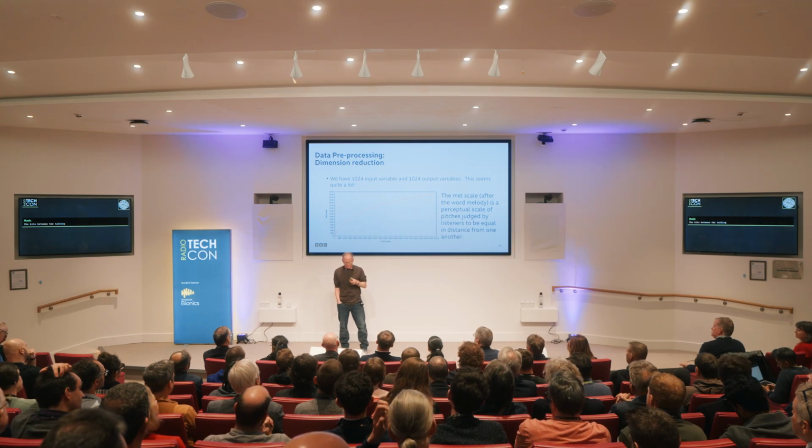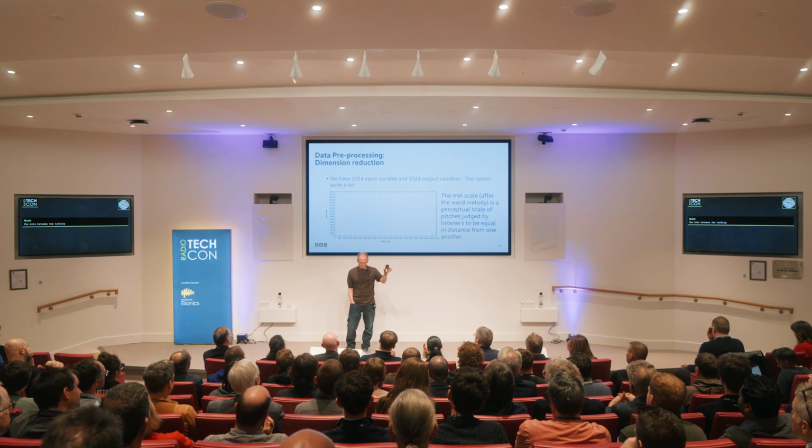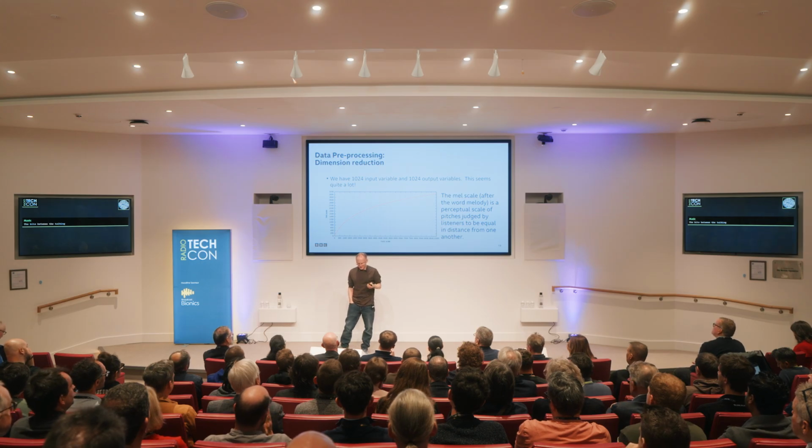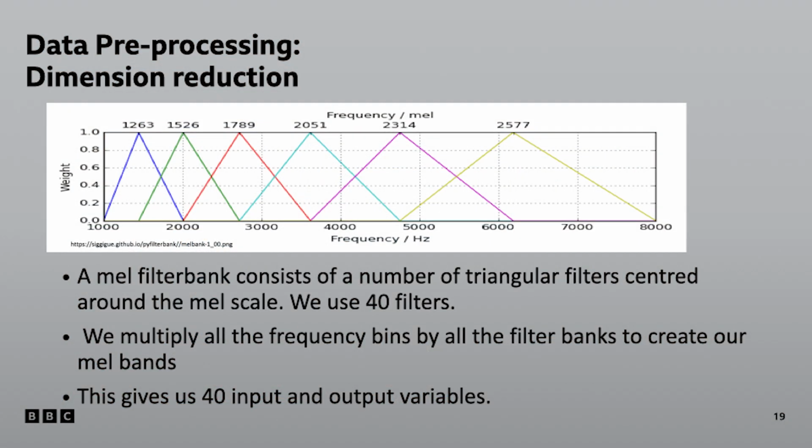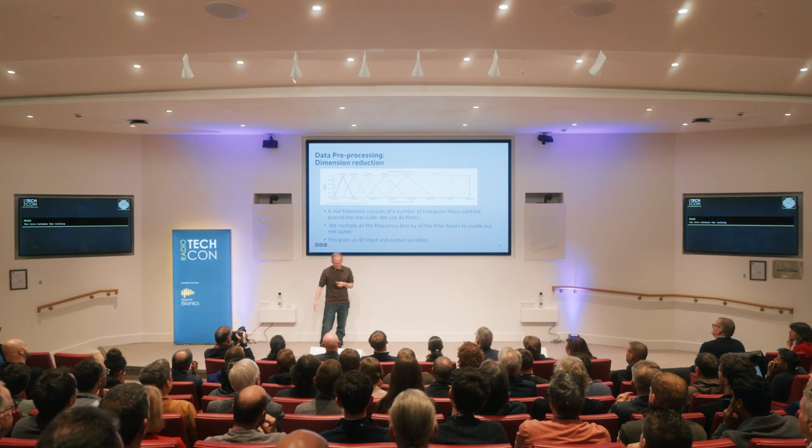And the way you get from your FFT frequency to the MEL is you use things called MEL filter banks, which is basically just a load of triangular filters. You take each triangular filter and you multiply all your FFT stuff with it, and it sums up the ones which are near to each other. As you see, as you go up the frequency, the filters get larger, so you get more of your frequency bins included in the same band.